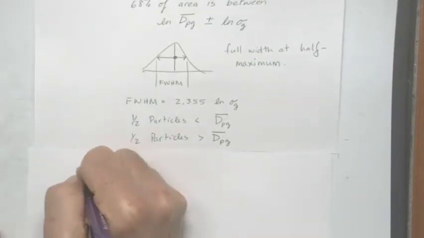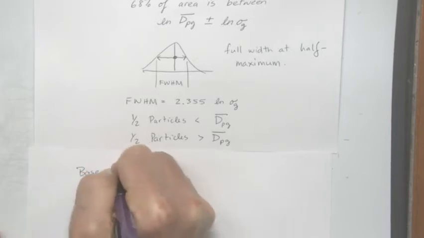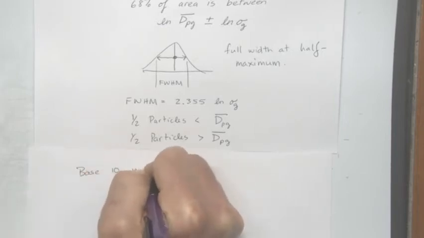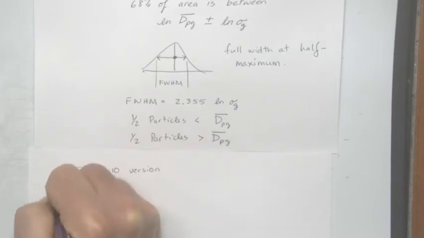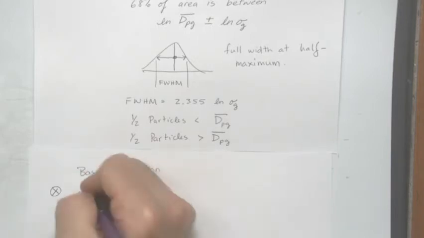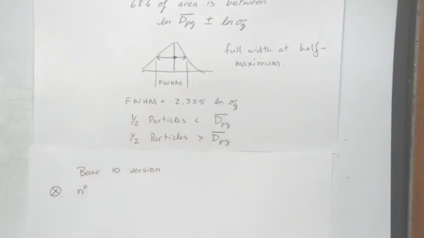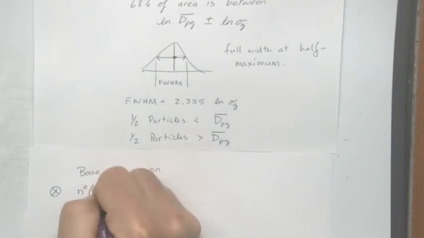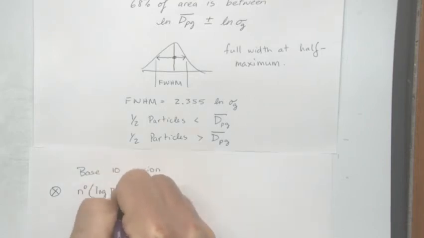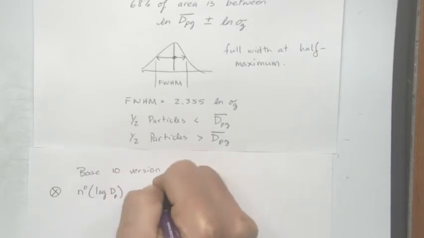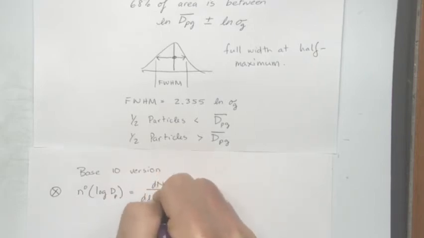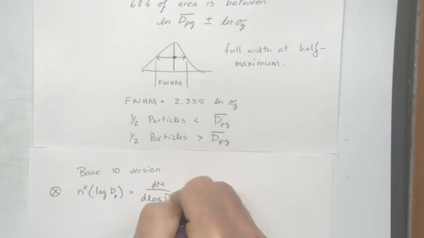And there's also a base 10 version, which I'm going to denote with an X. And in our book, base 10 normalized distribution function is like this. Its definition is dN over d log dp. It's very similar.